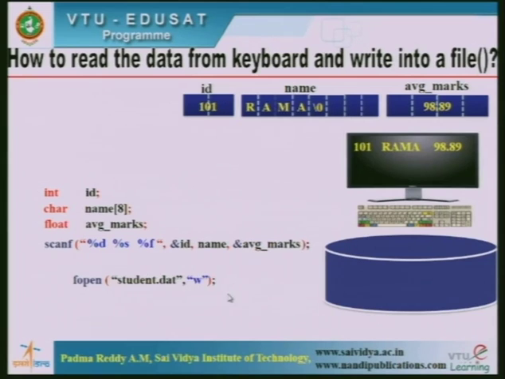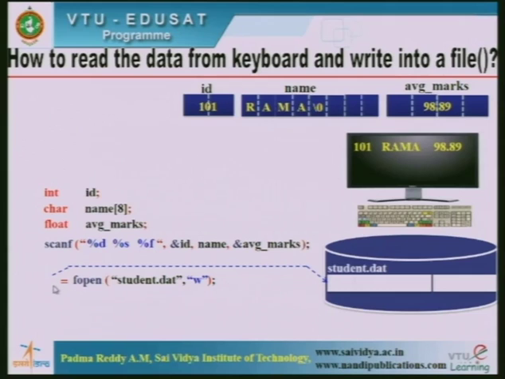Now let us see what will happen. A file by the name student.dat will be created, and remember the function fopen returns some value, and whatever it returns should be copied into the variable fp. Since student.dat is created, fp will point to the beginning of the file. Now let us declare the variable fp here. I can declare fp as a pointer to FILE. The declaration of FILE is available in stdio.h.